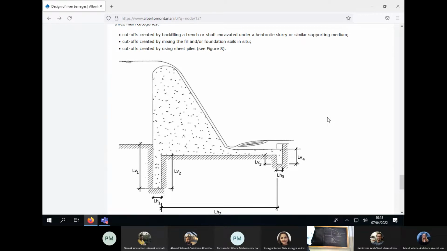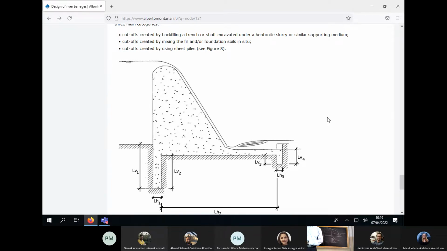So basically we excavate the soil and we fill the hole with bentonite. Bentonite is a fluid with a high specific weight, so it is pushed into the excavation in order to avoid that the soil is destabilized while excavating, and then we backfill the trench with material with limited permeability.